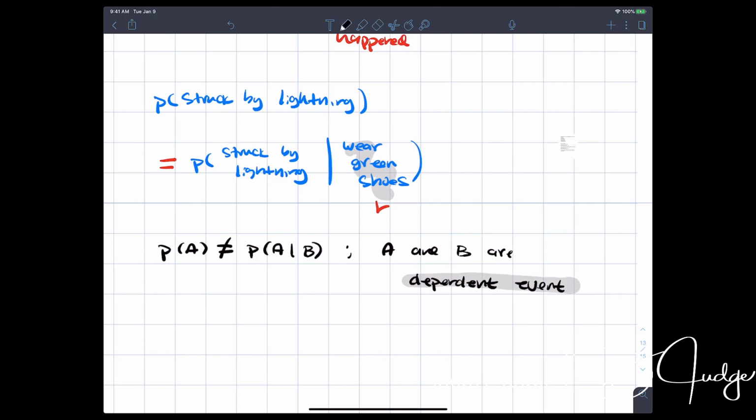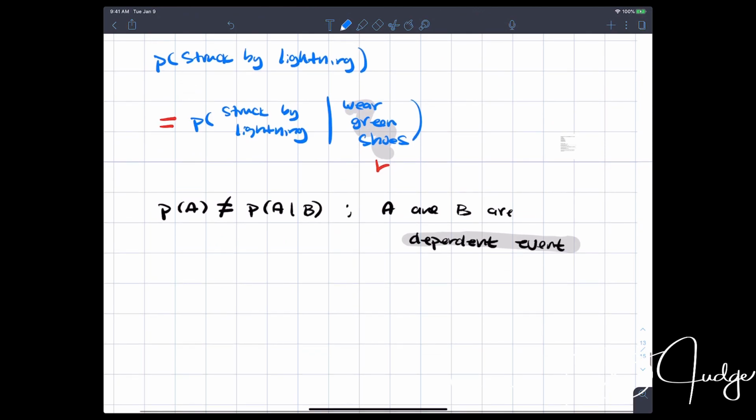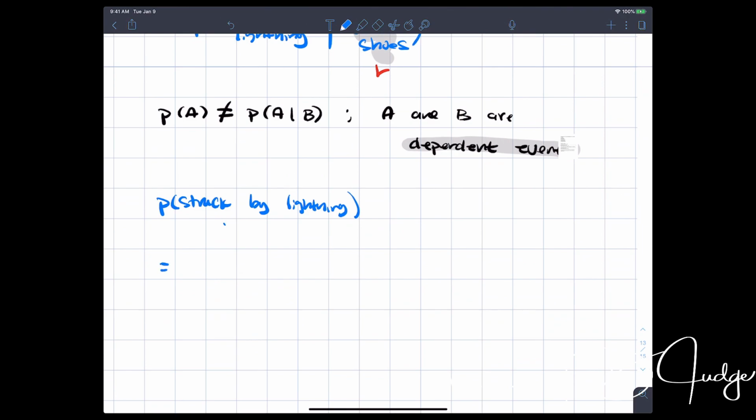Now, what I do typically here is, my favorite example is the following: being struck by lightning. The chance of being struck by lightning, is that the same? Let's introduce some condition to you. Let's see what you guys say now.